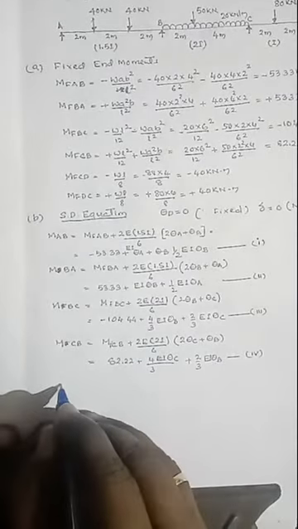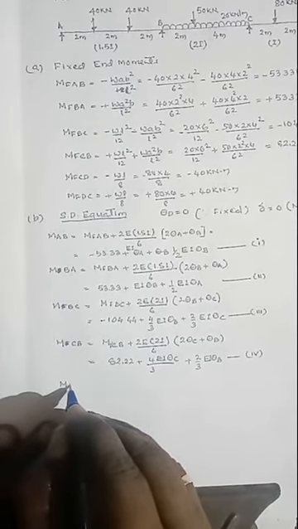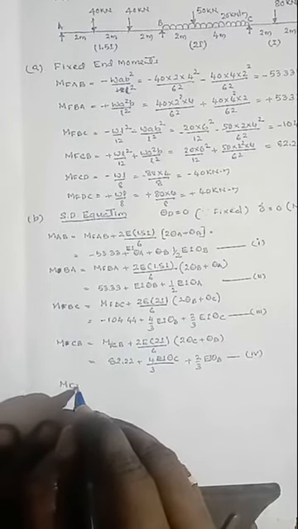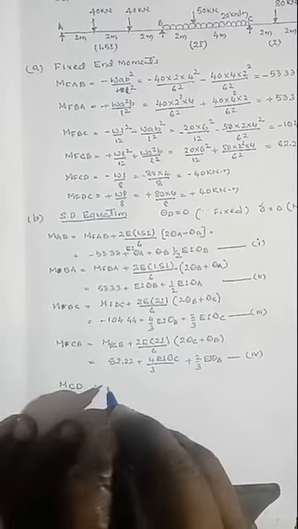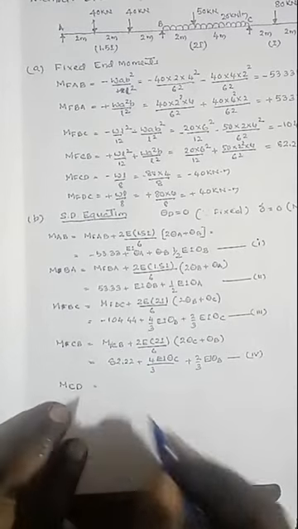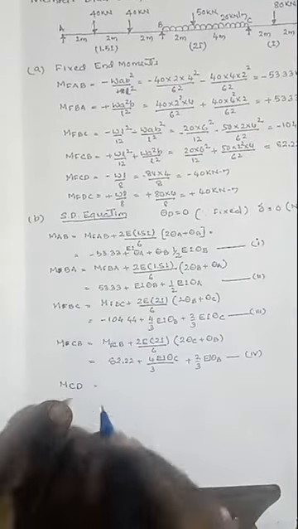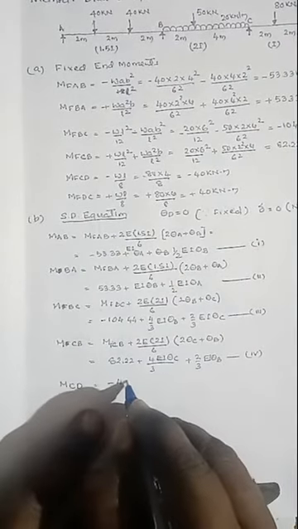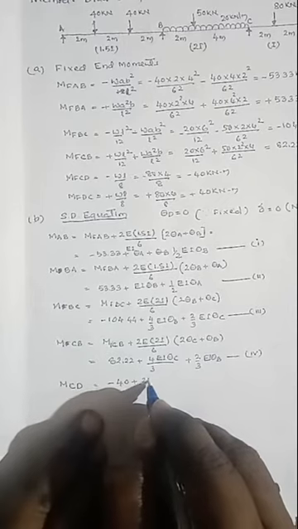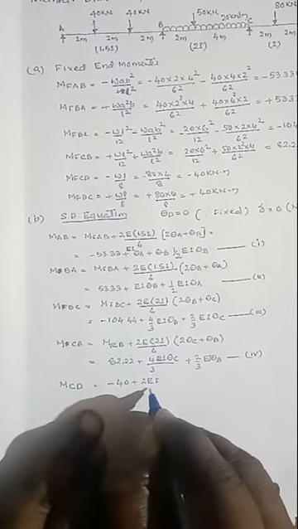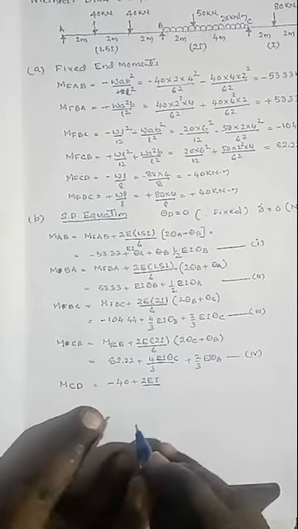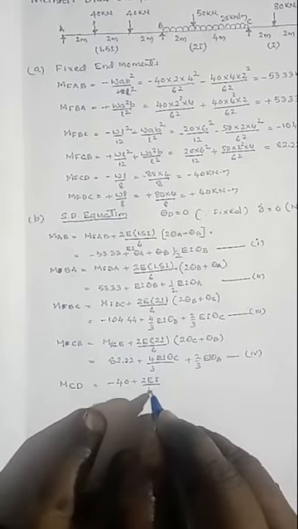Similarly for the last span you have to write the slope deflection equation MCD. I'll write the equation directly: the fixed end moment is minus 40 plus 2E, where the moment of inertia is I and the length is 4 meter, 2EI by 4.